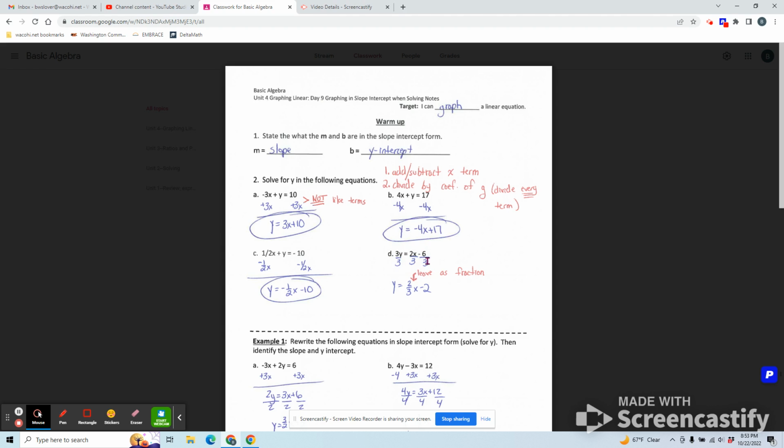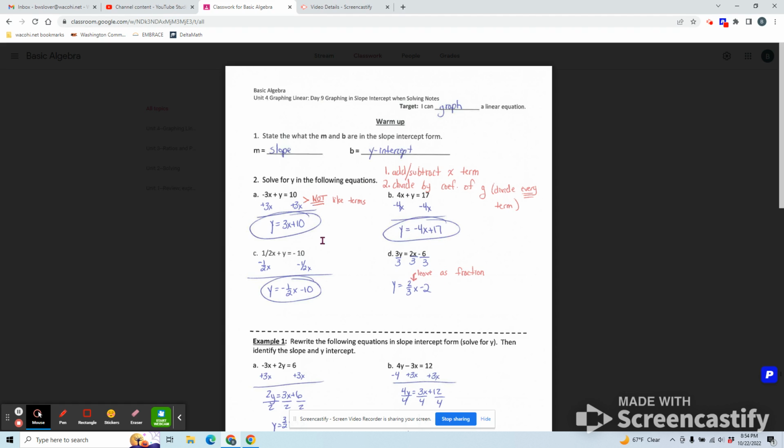Every single term is divided by 3. So we get y equals, and just like I have here in red, you want to leave that as a fraction because the end goal is we're probably going to have you graph. If it's a decimal, it's not so easy to graph. If it's a fraction, way easier to graph. So we're going to leave it as 2/3 x and then the minus 2.